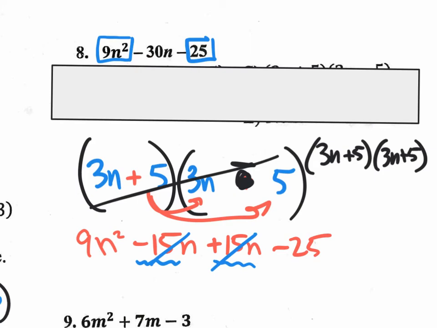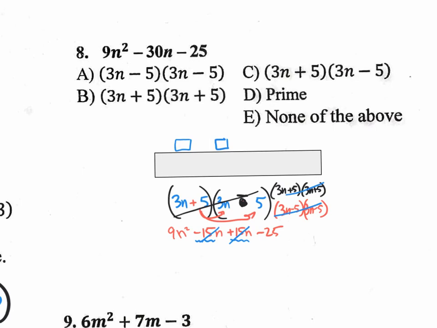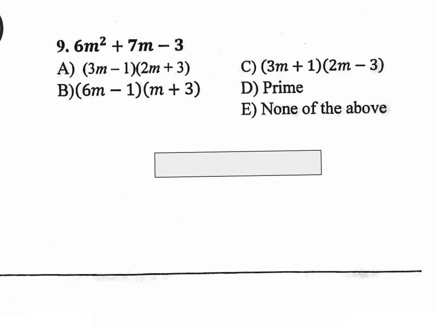Even if you were to go 3n minus 5 and 3n minus 5, at the very end, when you go negative 5 times negative 5, that will not get you a negative 25. That'll get you a positive 25. So what's happening here? What am I realizing here? None of the above? No. It's prime. You cannot factor it. So this one's prime.